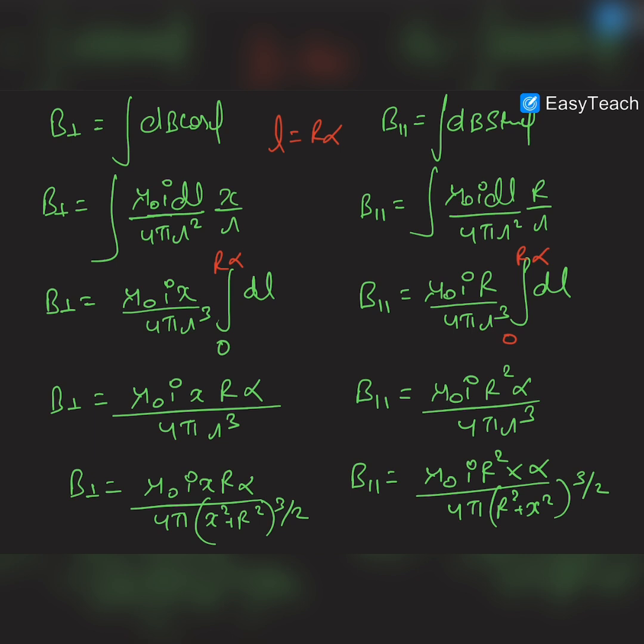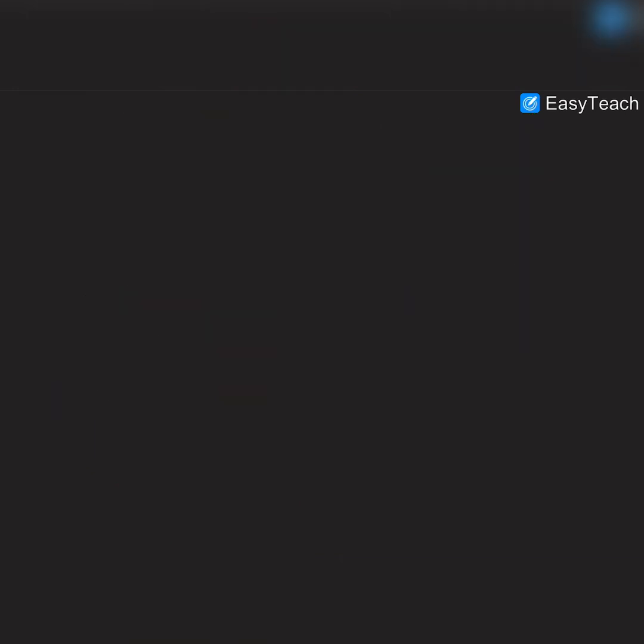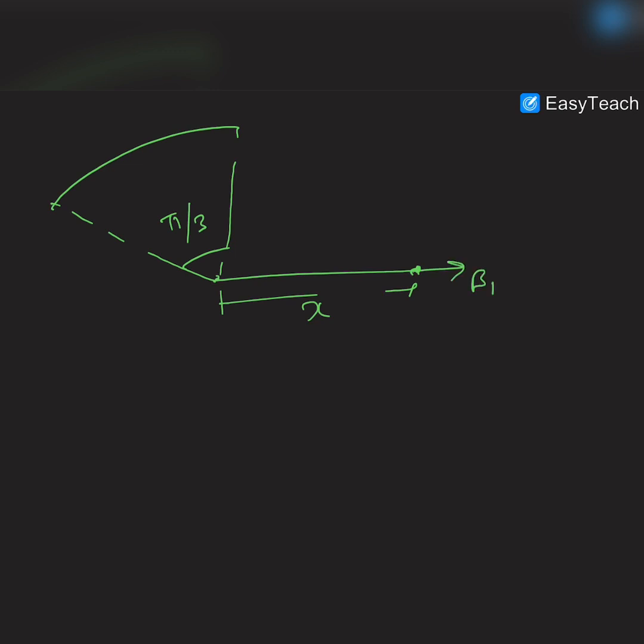If in any question there is an arc whose angle subtended at the center is pi by 6 or pi by 3, and we have to find the magnetic field at a point on the axis of the arc at a distance x, we just have to find B parallel. We do not bother about B perpendicular.